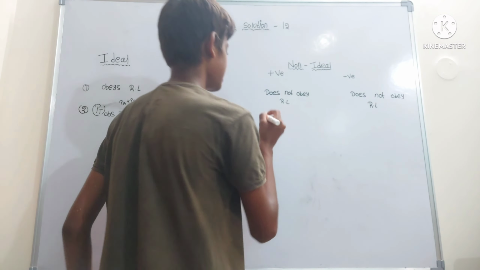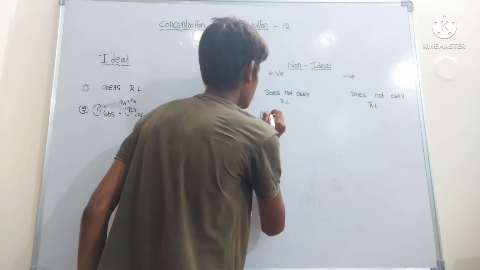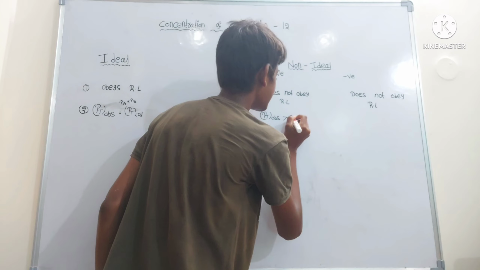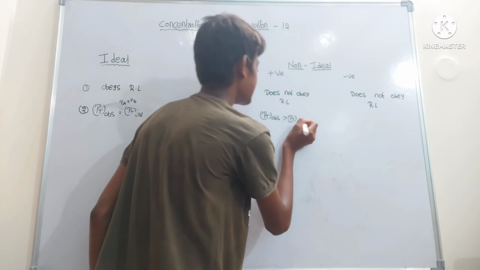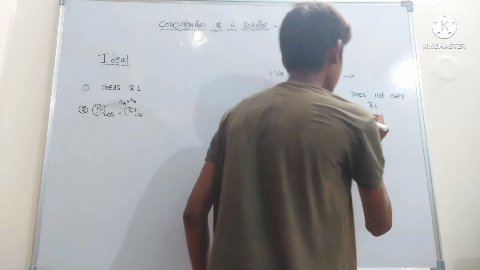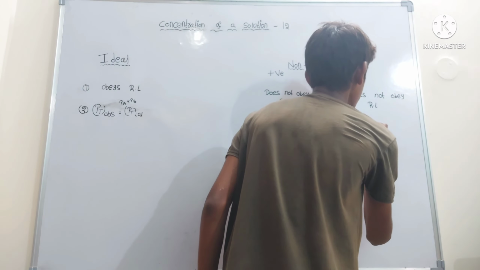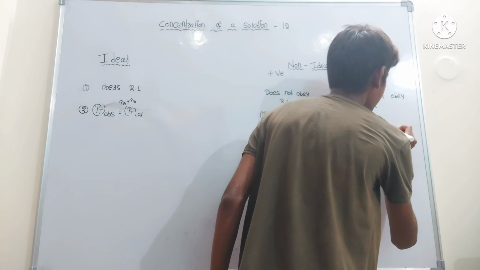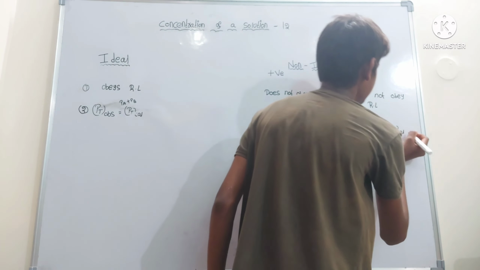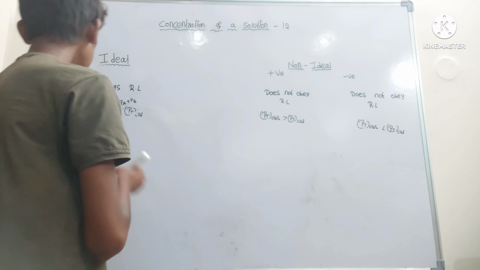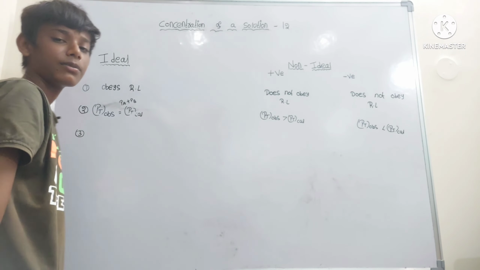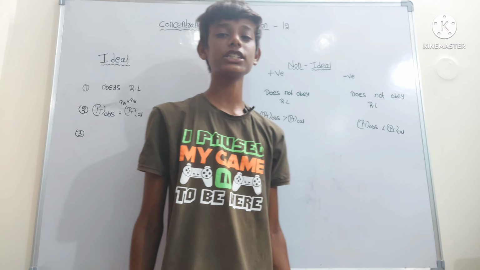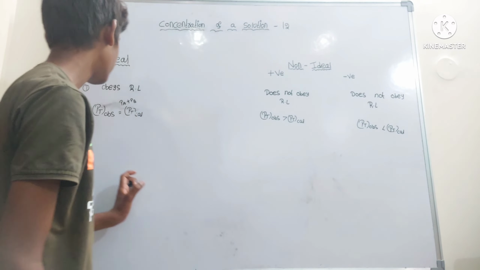In positive deviation, PT observed is greater than PT calculated. In negative deviation, PT observed is less than PT calculated.